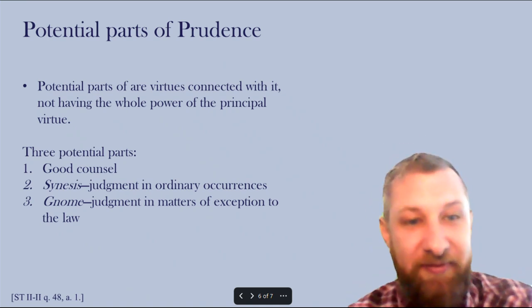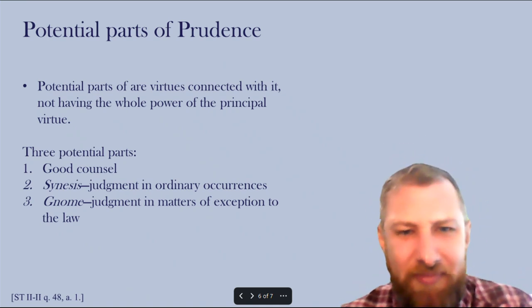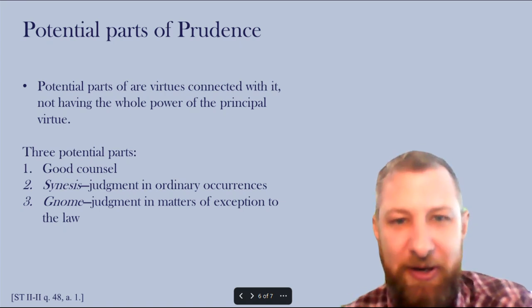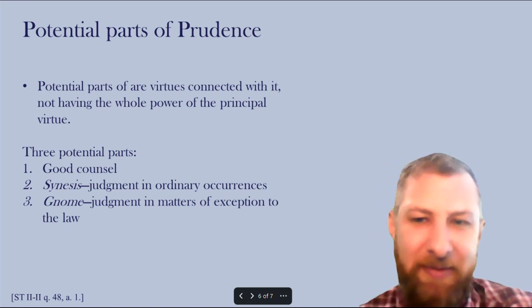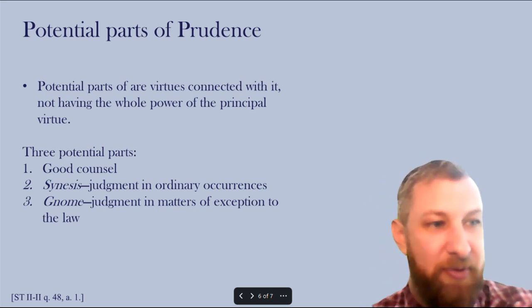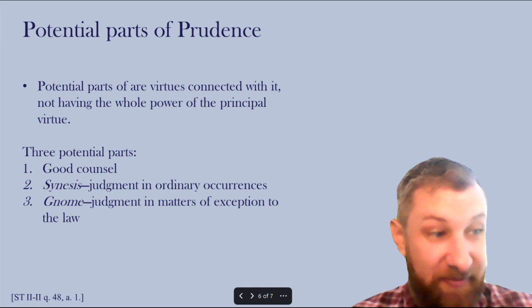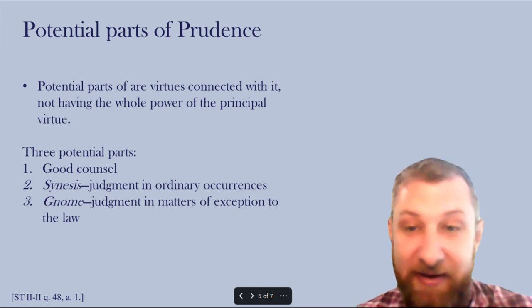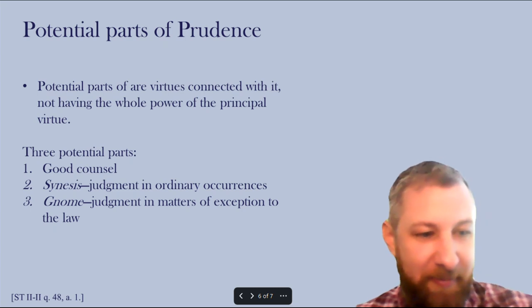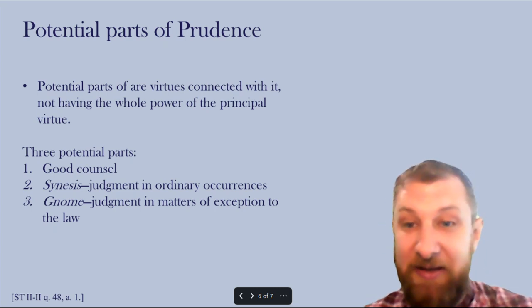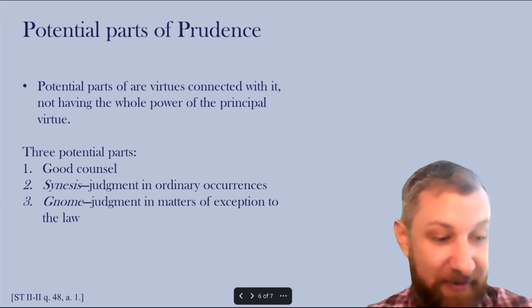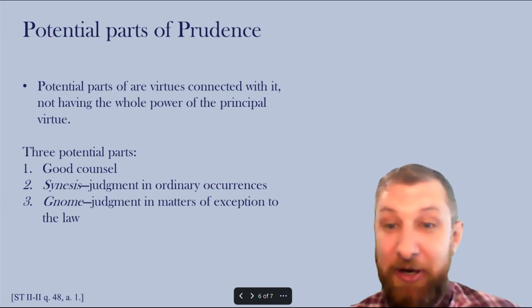So in terms of synesis, judgment in ordinary occurrences is important because, well, if one person is tried for shoplifting and they get 30 days in jail, and the next person comes up to the bench and they're also guilty of shoplifting, and you give them 3 months in jail, and somebody else comes up for shoplifting, they have 1 year in jail.